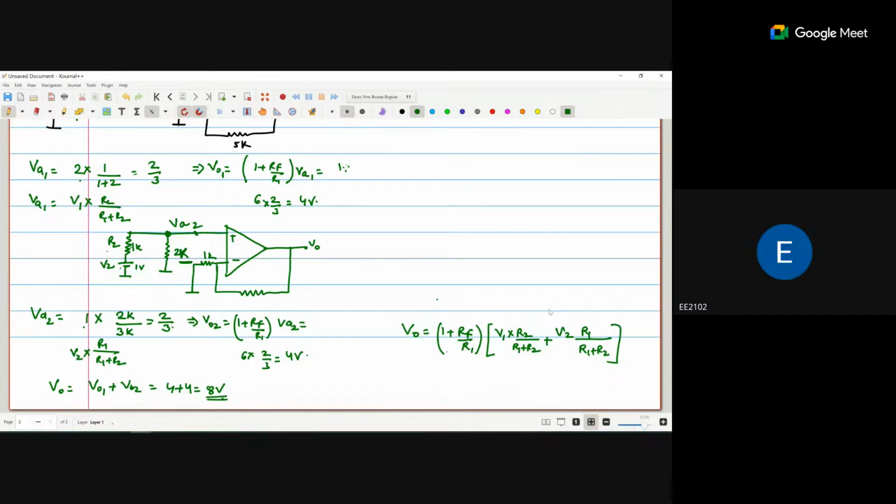Okay, any doubt? Just remember, this is the summing amplifier for non-inverter.